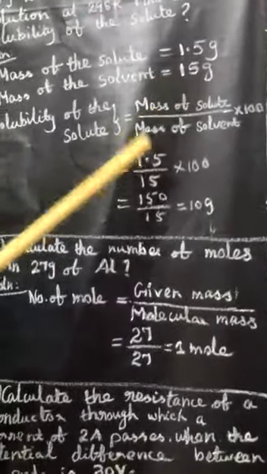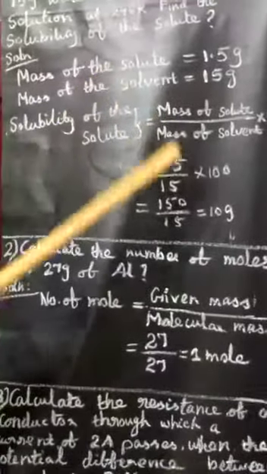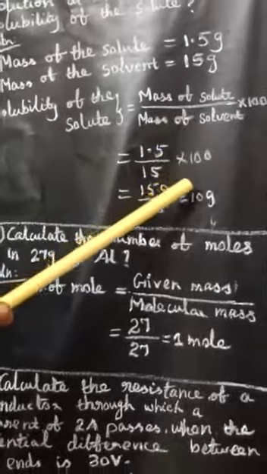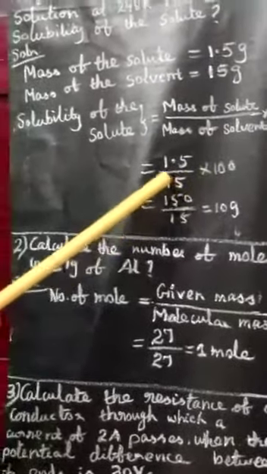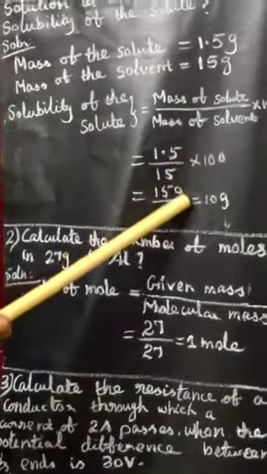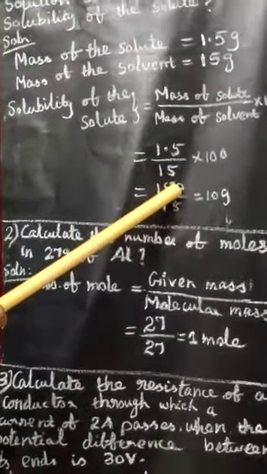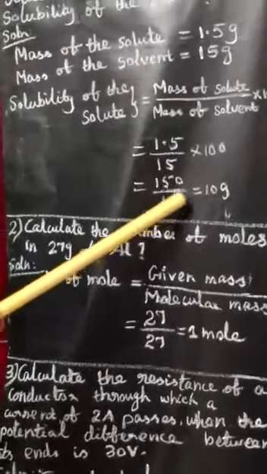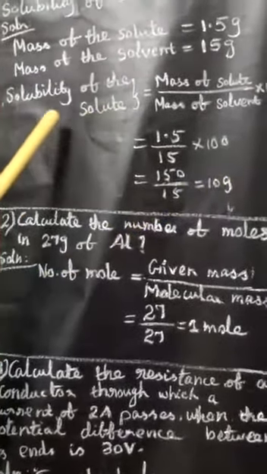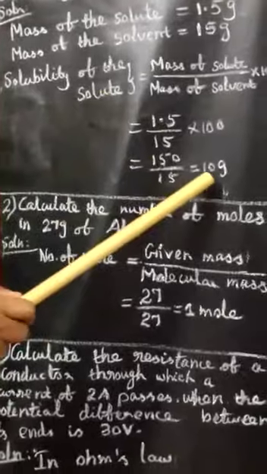Mass of the solute is 1.5 gram, and mass of the solvent is 15 gram, into 100. So 1.5 multiplied by 100 gives 150, divided by 15. Cancelling, we get 10 gram. So the answer is: solubility of the solute is 10 gram.